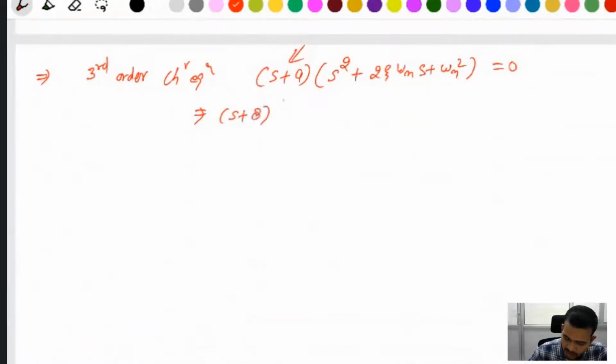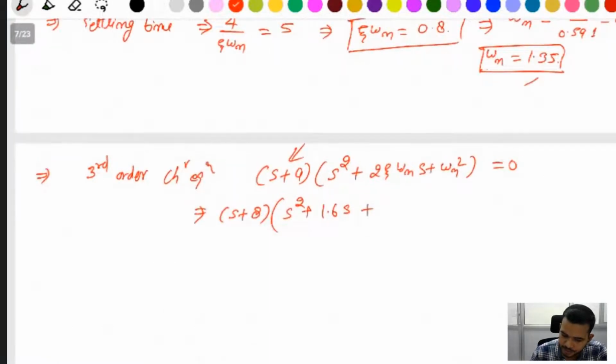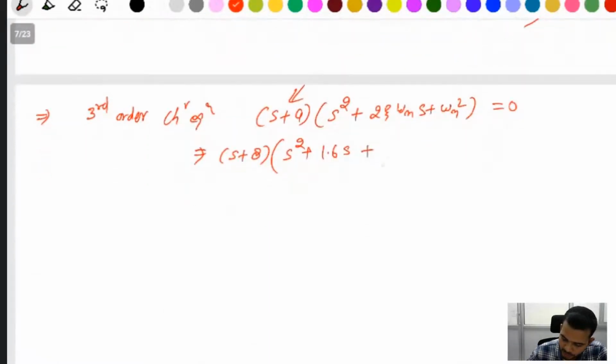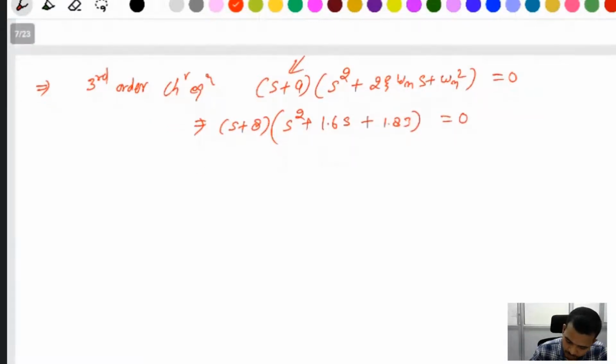It means a is equal to s plus 8. S plus 8 here, and s square plus 2 zeta omega n s, zeta omega n is 0.8, that is 1.6 s plus omega n square, 1.35 whole square, and find 1.83.